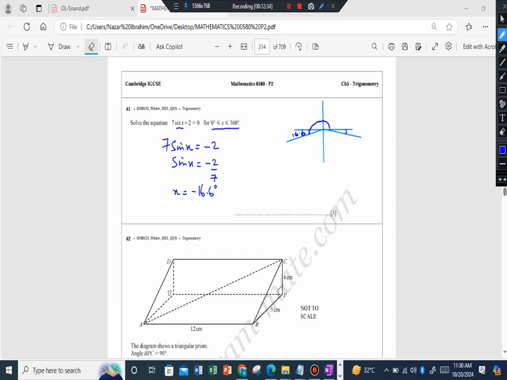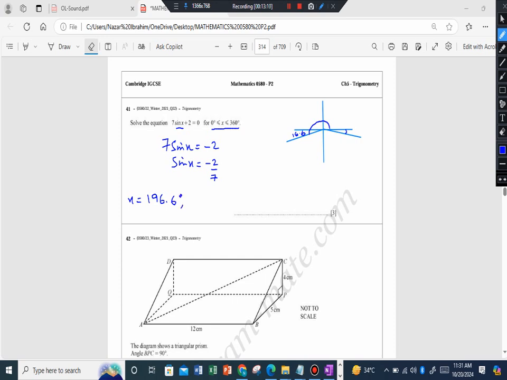So it means 180 plus 16.6, because two quadrants make 180, one quadrant 90, second quadrant 90, 180. 180 plus 16.6 gives me the first angle, which is 196.6. So x is equal to 196.6. Now what should be the second angle?